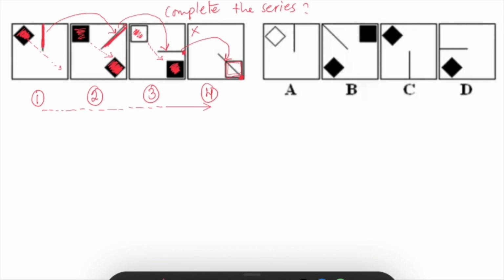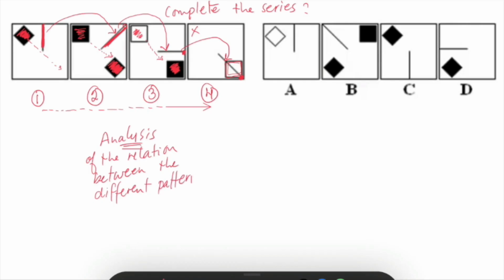So after this analysis of the relation between the different patterns, and having figured out this relation, I can simply and logically infer the fifth pattern.